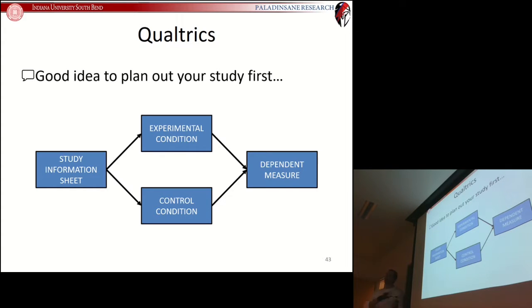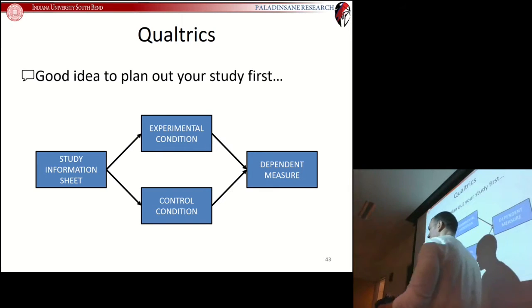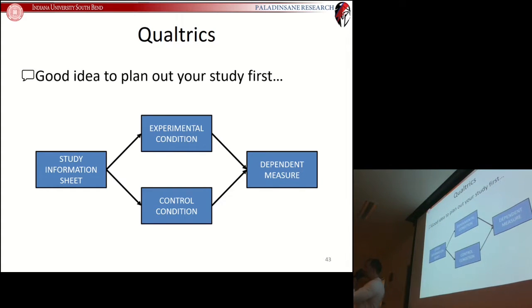Use the help desk, use the webinars and those other links to basically make your project as good as it possibly can be. And then in your IRB protocol, if you are doing it online, you will include a link to your Qualtrics survey. So Qualtrics will give you a dedicated link to your survey. That's what you're going to submit as part of your IRB protocol.